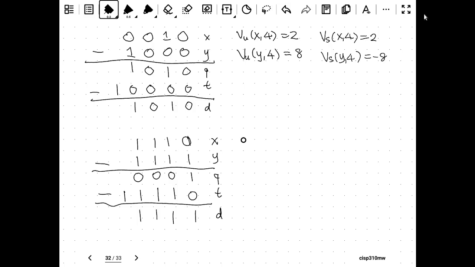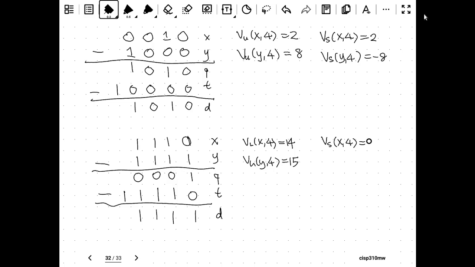This one here. VU of x4 is 14, VU of y4 is 15, and then VS of x4 is, what is it? -2 is correct, because what we are doing is adding 0 times 1 plus 1 times 2 plus 1 times 4 minus 8.